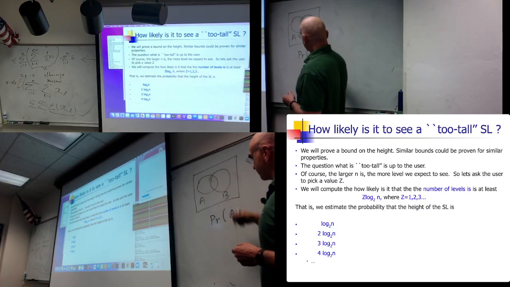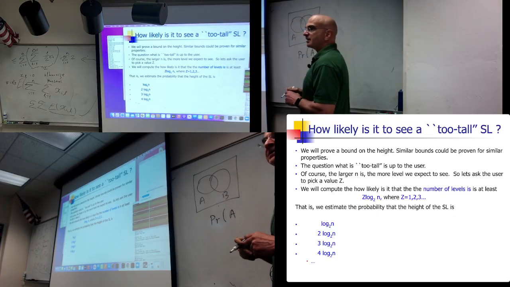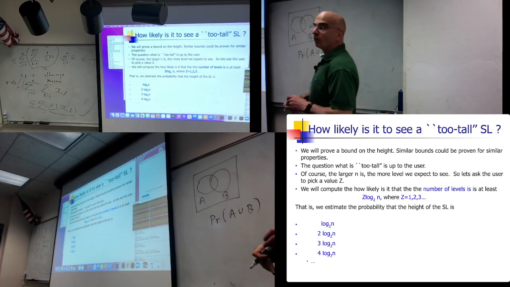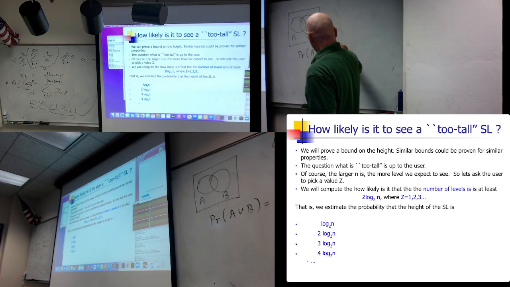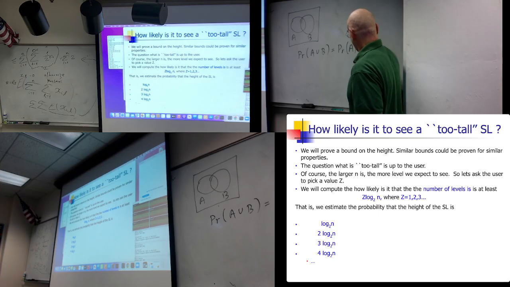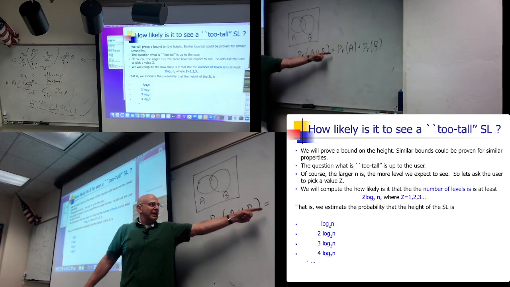If my dart hits B, I'll say event B happens, and I'm asking what is the probability that either A happens or B happens. And there is a formula for it, right? This is the probability that A happens plus the probability that B happens. Why did this come from?